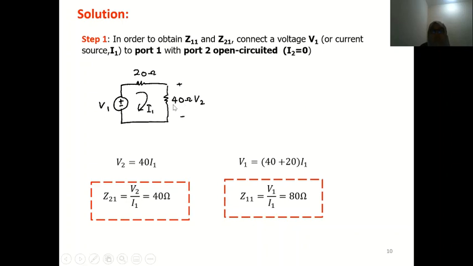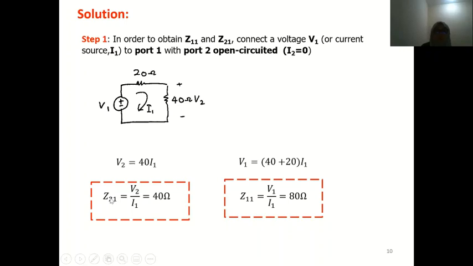Using circuit analysis, you can see your V2 is equal to 40 I1, and your V1 is equal to 20 I1 plus 40 I1.